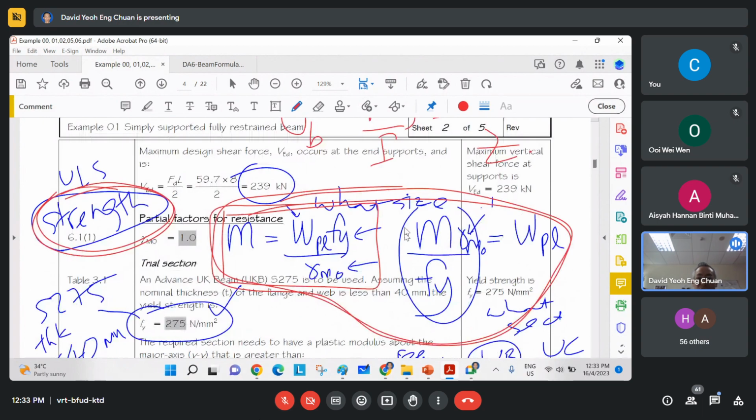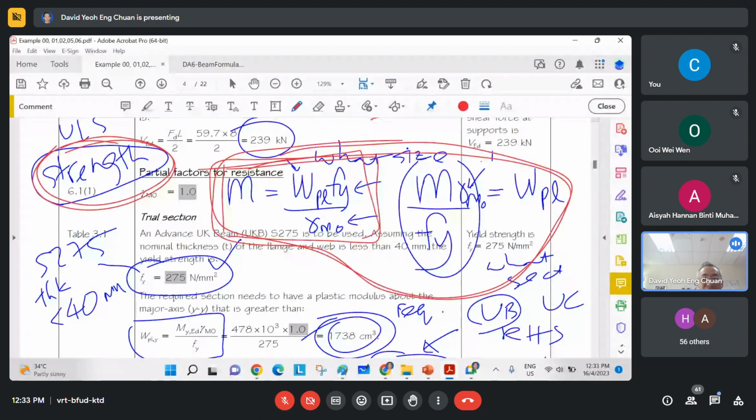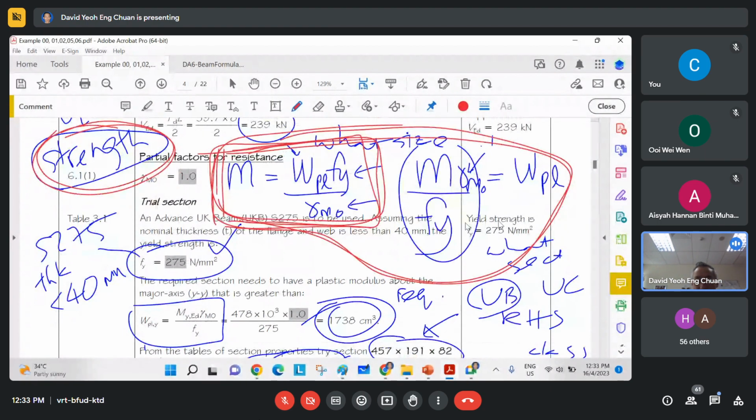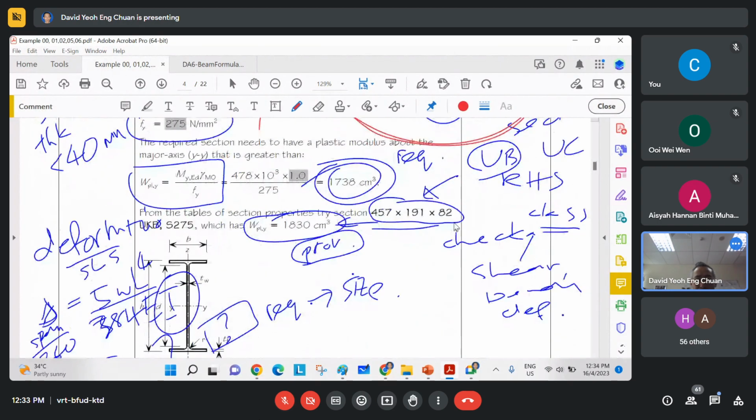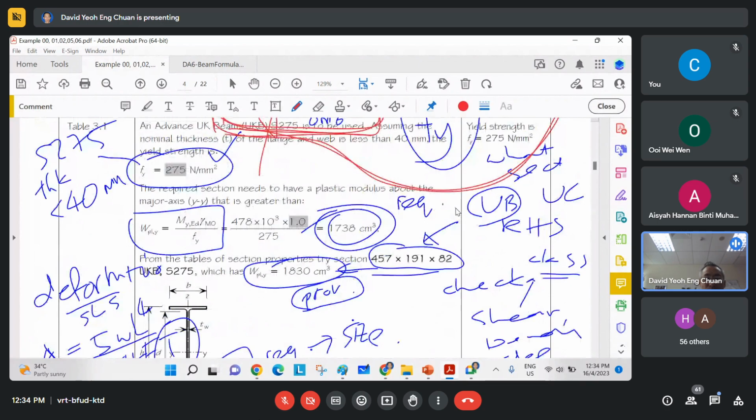Okay, so here in terms of Eurocode standard, we use this notation formula. So not simply choose a size from nowhere. We use this formula as a head start to decide what is the starting size. Okay, and then we get what we call the section modulus that is required.